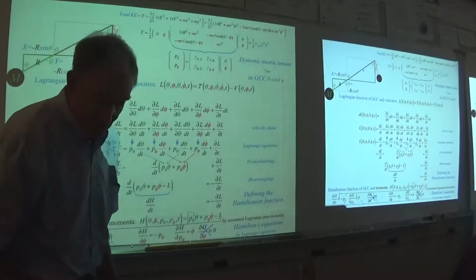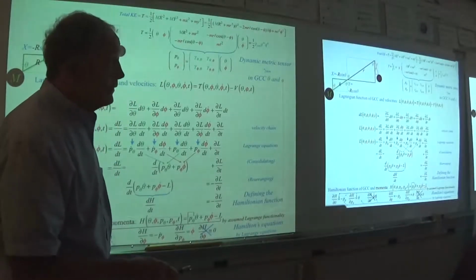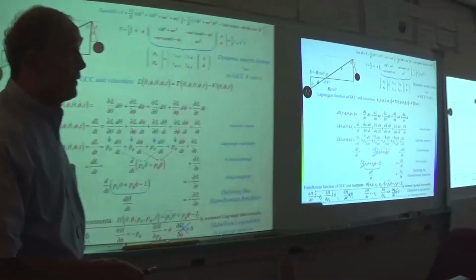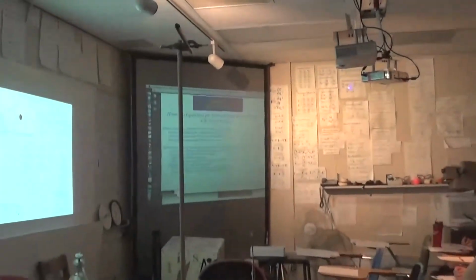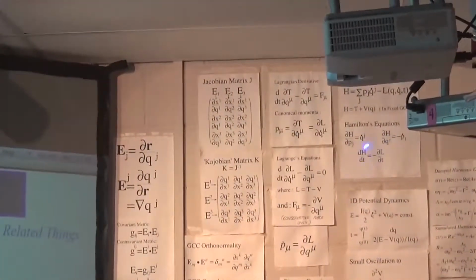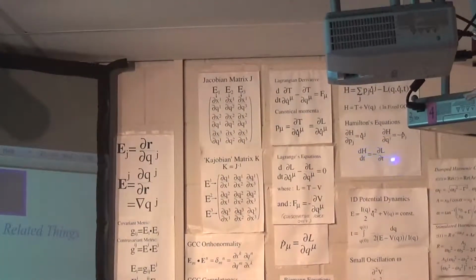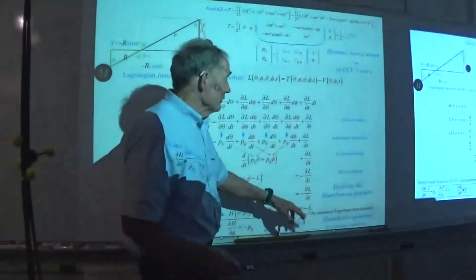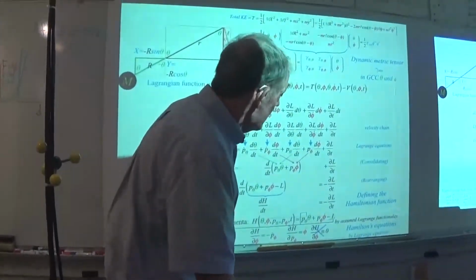Now, just for your memory purposes, these things are up here in the Hamiltonian region of this wall of formulas over here. And the third equation here is a really weird one. That the total time derivative of Hamiltonian is minus the partial of L with respect to t.